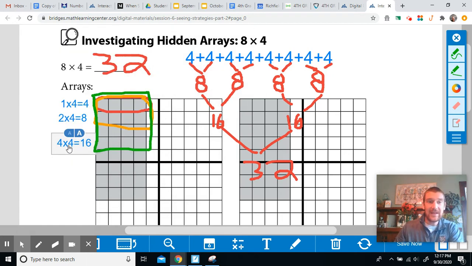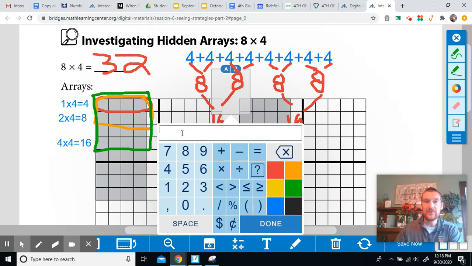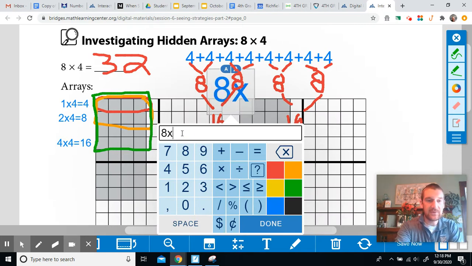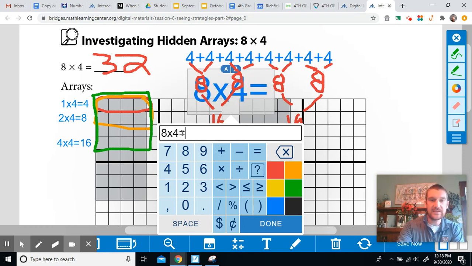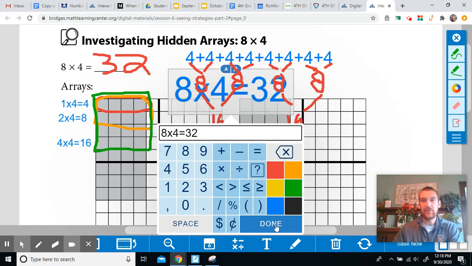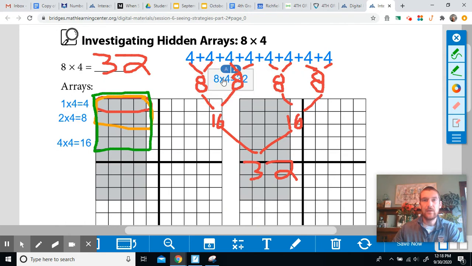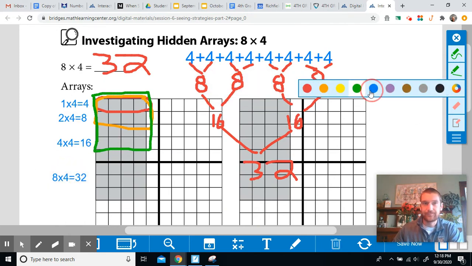And then they double it again. Instead of 4 groups of 4, they would do 8 groups of 4. So they're doubling their 16 and getting 32. Okay? So that would be the entire array now.